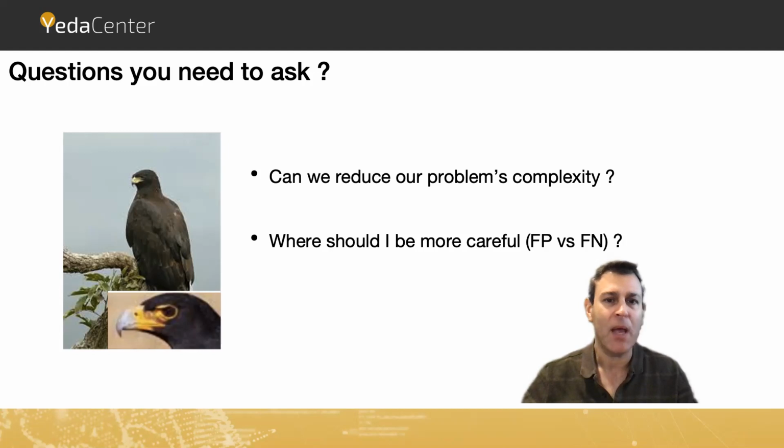And then maybe instead of using deep learning or a lot of images of many kinds of black eagles, you can just focus on this particular black eagle when you can see its head. And maybe let's just focus on the head of this eagle because it's really unique.